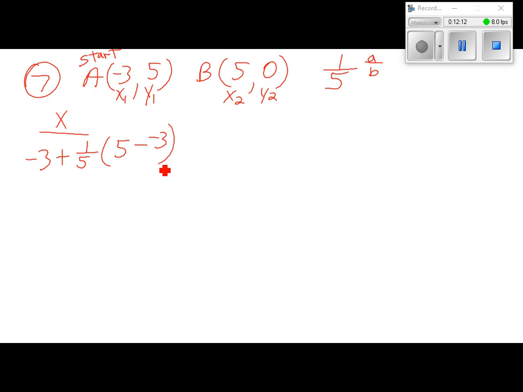I do plus, right? Change that to plus. Type it into your calculator. Somebody tell me what you're going to type in so I don't have to say it again. Negative 3 plus 1 divided by 5, parentheses, 5 plus 3, parentheses. Type that into your calculator, see what you come up with.